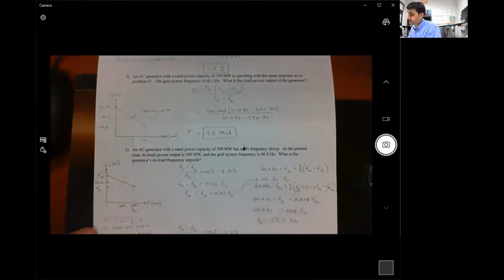All right, so good. Now we've got the no load frequency in terms of the full load frequency. So now I can use my other equation and solve for the full load frequency. I can plug this into the other equation so that I get one equation with one unknown. This is another option, like I said, there are different ways to solve this problem.